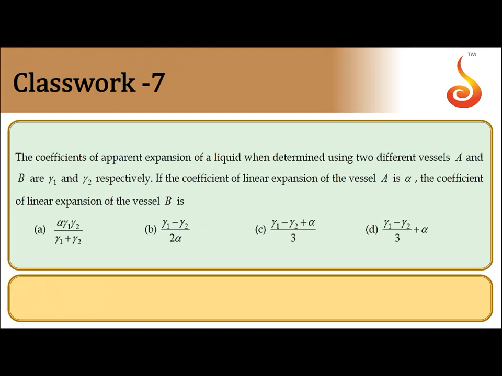If the coefficient of linear expansion of vessel A is alpha, we have to find coefficient of linear expansion of B. So, we know that gamma real is equal to gamma apparent plus gamma of vessel. So, gamma of vessel is given to be 3 alpha, linear expansion is alpha, so gamma should be 3 alpha.